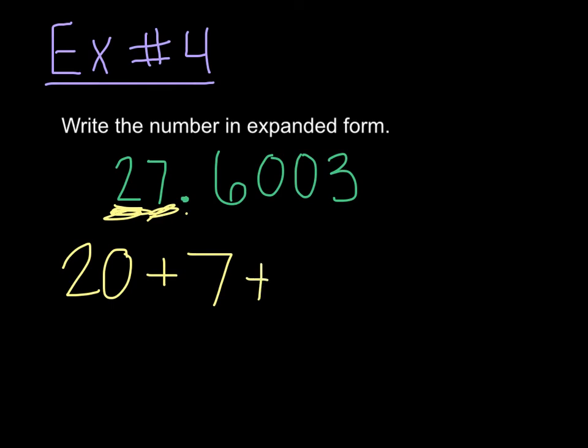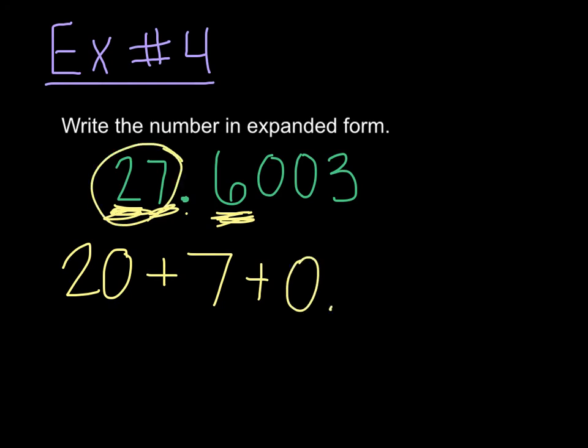Plus, the next value is a 6. Now, everything after the decimal, if there's zeros, it doesn't matter. But it's not true for the other way around. So when you have a decimal and you have zeros before, that's important. If you have zeros after the decimal, that's not important. So when we have our 6, we still need to include a 0 before the decimal.